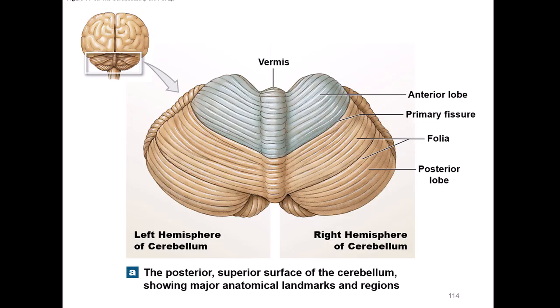When you look at the cerebellum, you'll see that there's two hemispheres, just like the cerebrum, right? There's a right and a left hemisphere, and then in the middle we have these little worm-like connections here, or even this thing kind of looks worm-like. This is known as the vermis, right? Vermis kind of meaning worm-like.